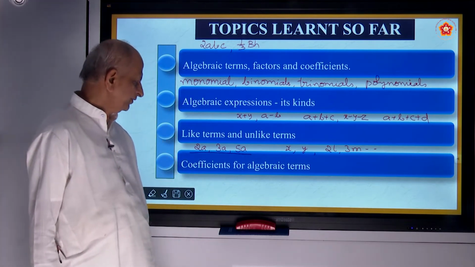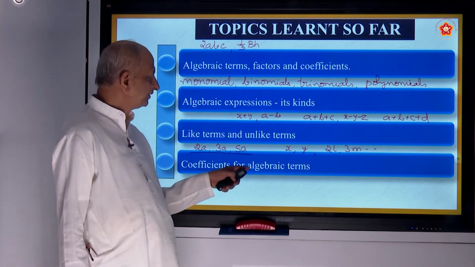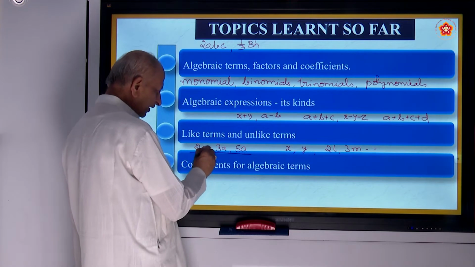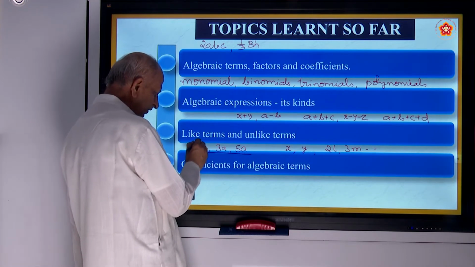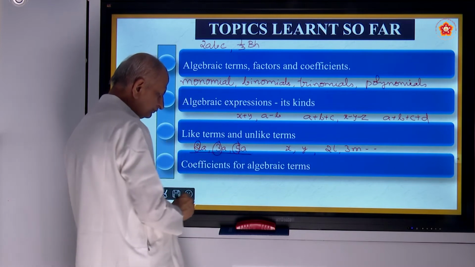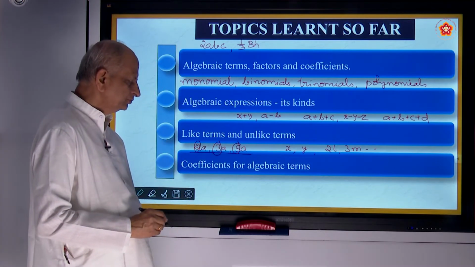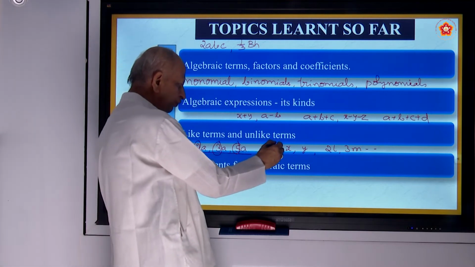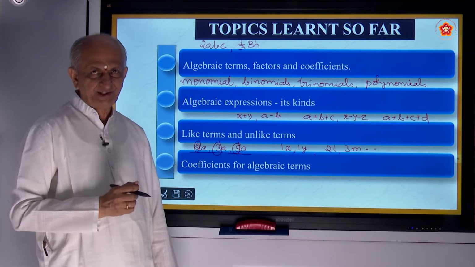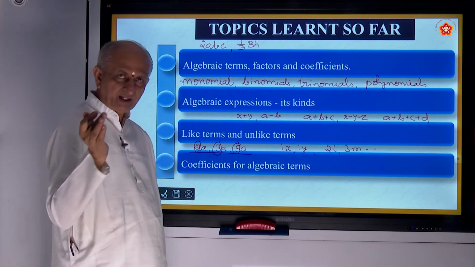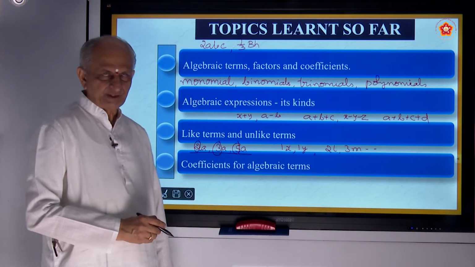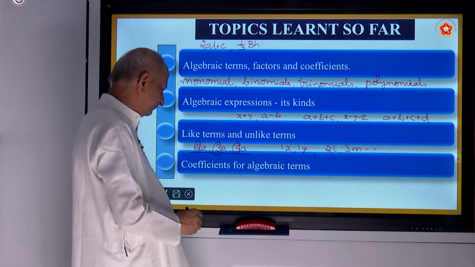So also we have seen about coefficients for algebraic terms. For example, if you have 2a and 3a, the coefficient is 2 here, it is 3 here, 5 here. So here the coefficient is 1. That coefficient may be a term or a number. So this is a number here, then it is called a numerical coefficient.